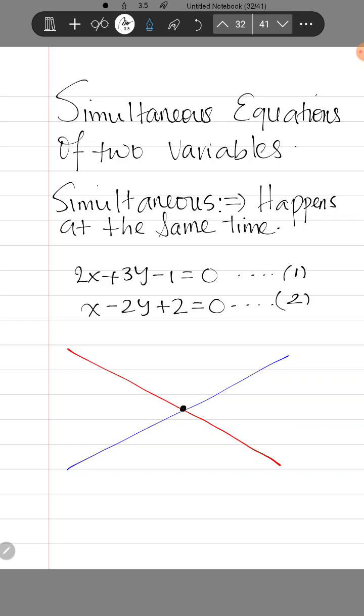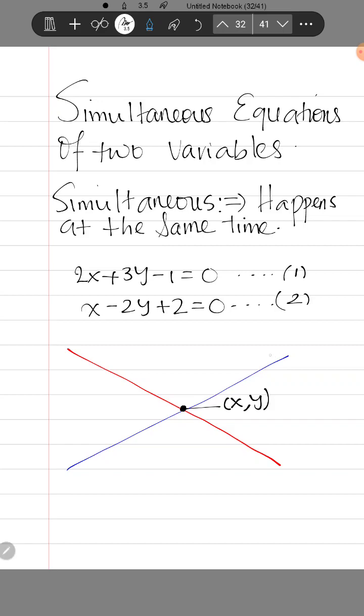This one here, x, y, is a point existing on both lines. So a simultaneous equation will help us find a point with 2 coordinates, x and y, that are on both equations of the graph.